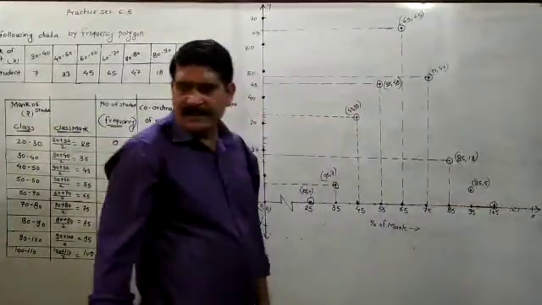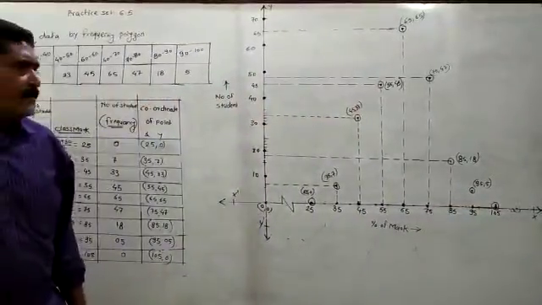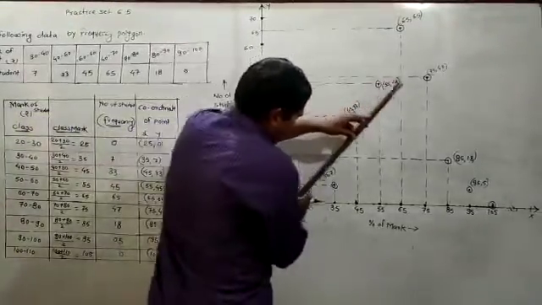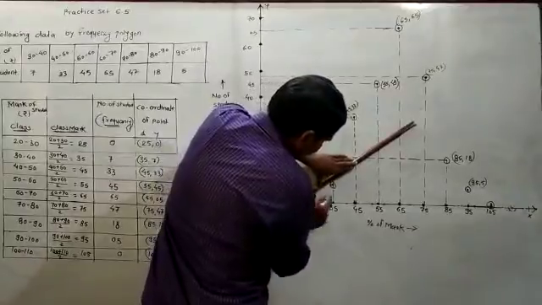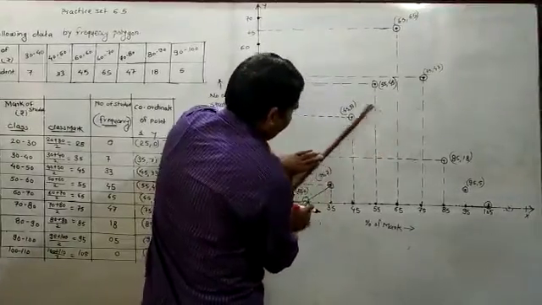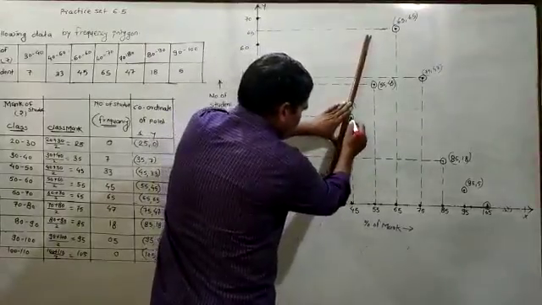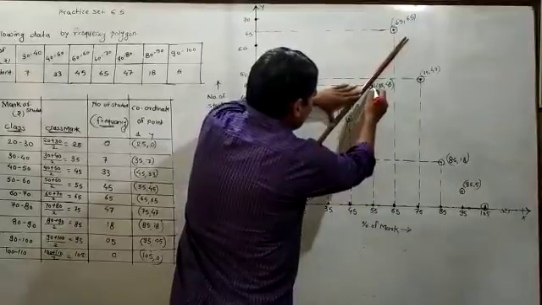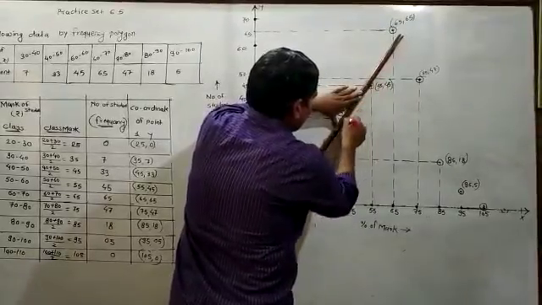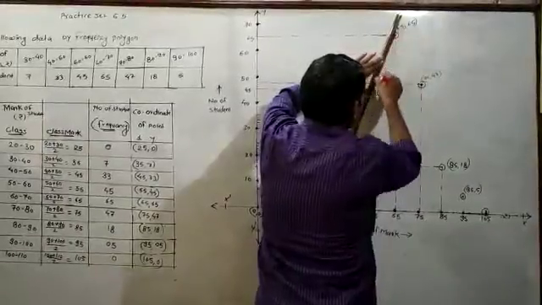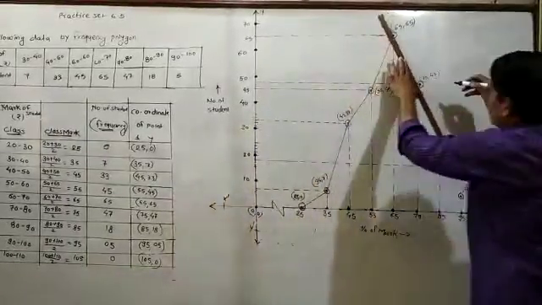You have to draw like this. After that you have to join these successive points. You have to join the points like this, by the scale. First of all, join this line. Then after that draw this line. Join these lines properly. These points also you have to join.